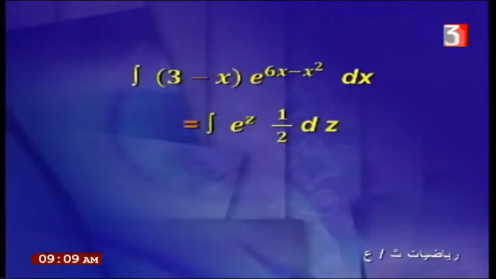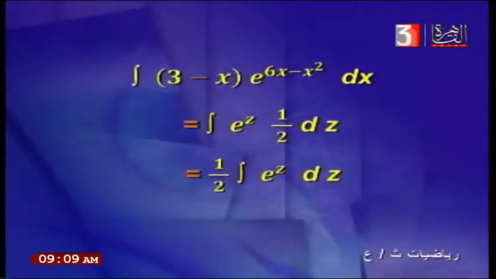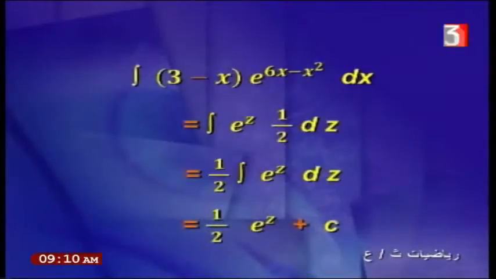Now the integration with respect to z, the integration of e to the power z multiplied by half dz, or half the integration of e to the power z dz. The integration of e to the power z dz equals e to the power z, then the integration equals half e to the power z plus the constant c.